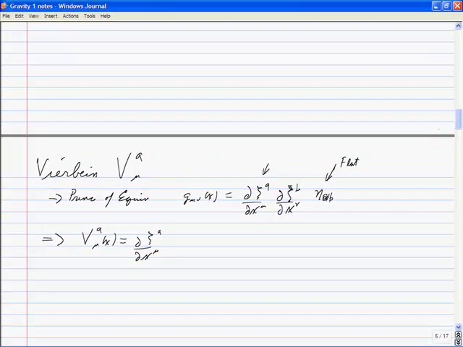Okay, so this is now going to be a field at each point in space-time. There's a field that this defines.